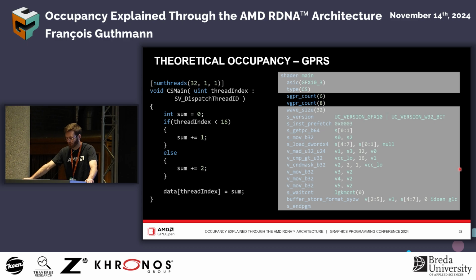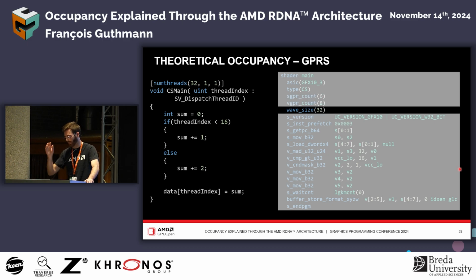One other thing that I want to mention regarding VGPRs is that the granularity at which they're allocated is not one, and the rules are a bit complicated. It depends on the GPU, and it also depends on the wave size, which is good, because we also see that at compile time. So far, I've mentioned that it can be either 32 or 64, and I've said 32 works. Well, in this case, 64 is a bit different.